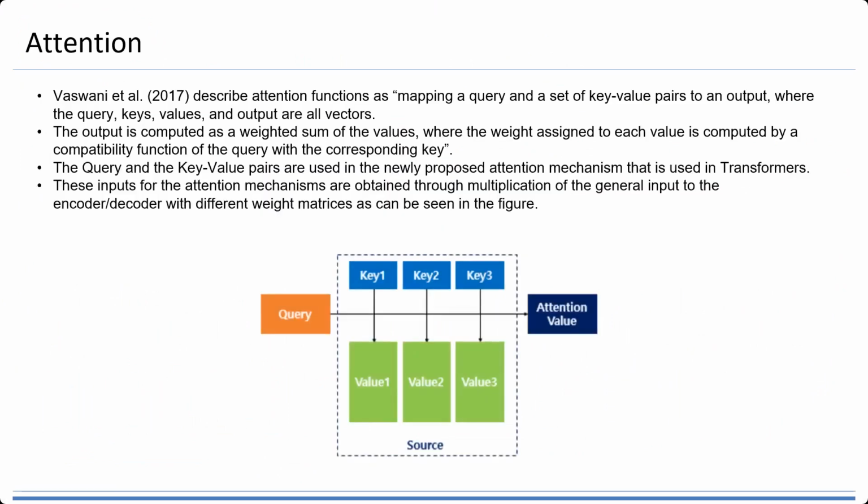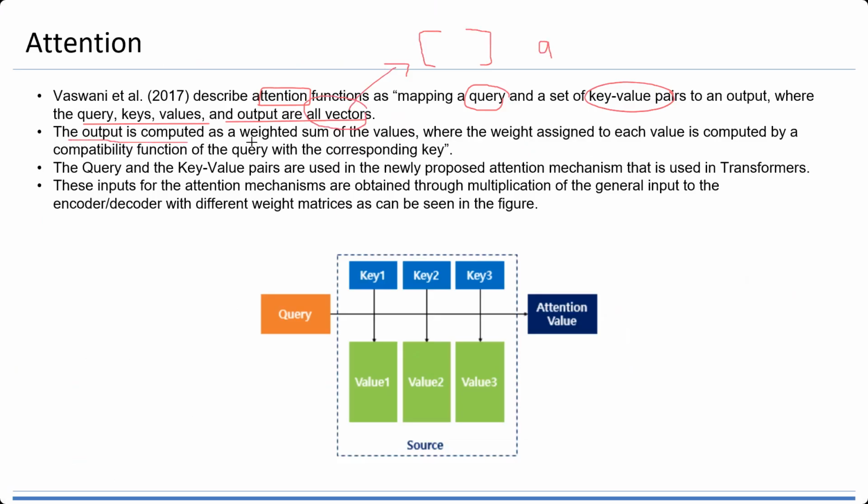Basic transformer. In the basic transformer, we know that attention is the key point. Attention is a mapping of a query and a set of key-value pairs to an output, where the query, keys, values, and output are all vectors. Vectors means any value; it can be a matrix, it can be only a single value, and so on.